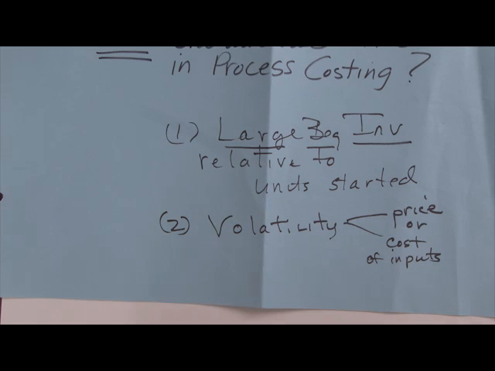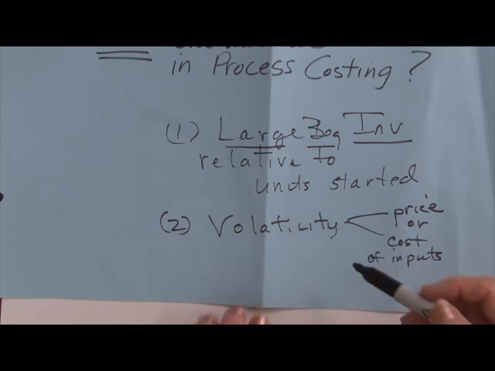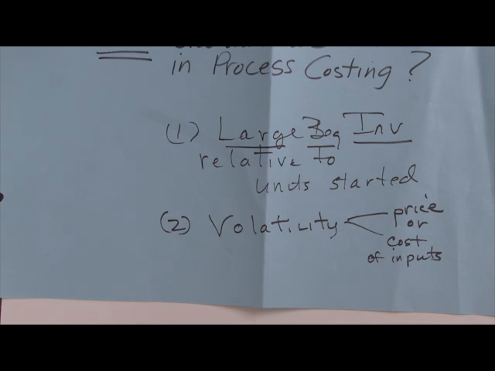In other words, we don't blend the two periods together as in a weighted average approach, but we separate the periods. So we would get much better managerial information if we would use FIFO when we have such volatility in either the price of the product or the cost of the inputs.